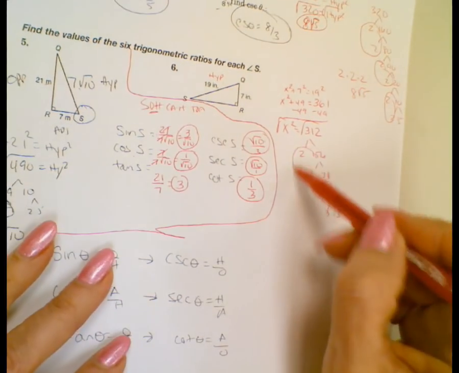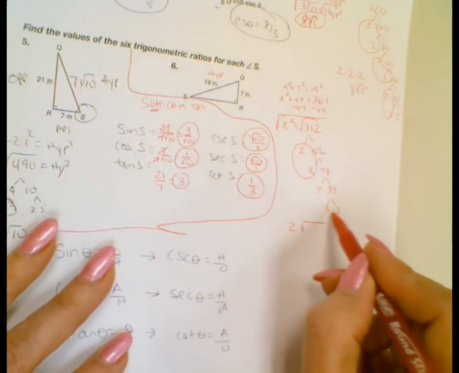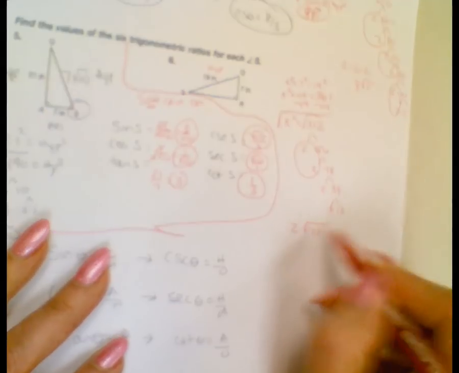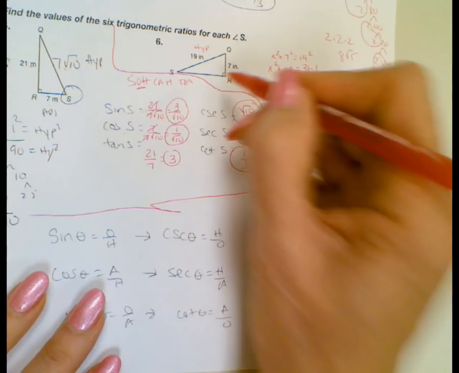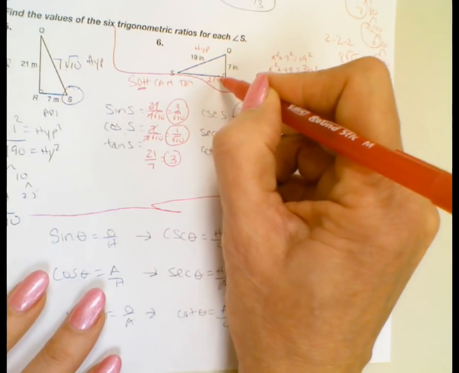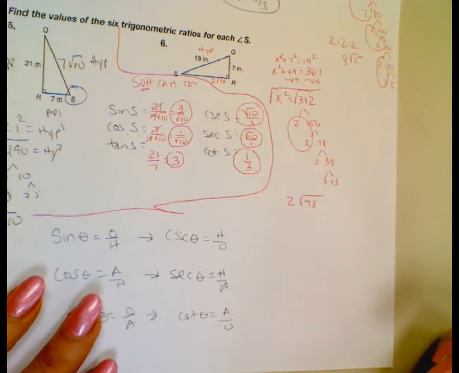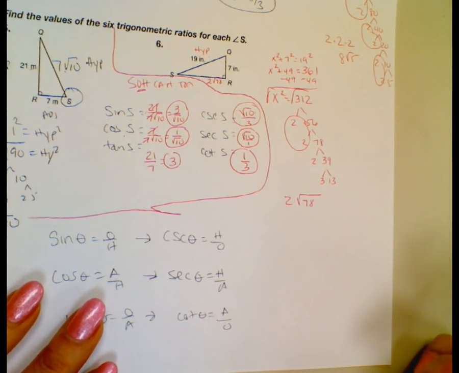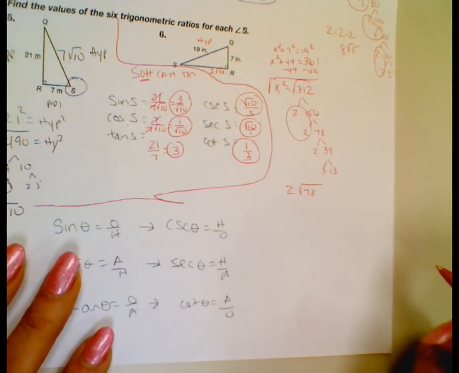So it looks like only one 2 is going to come out, and then all this goes back underneath. So 39 times 2, so 78 goes back underneath. So that's this missing side right here: 2 radical 78. This problem is so ridiculous. This is too hard. You guys, I'm sorry. None of these come out nicely. They're all radical legs if you guys are doing this. It's really annoying right now. All right, so 2 radical 78.